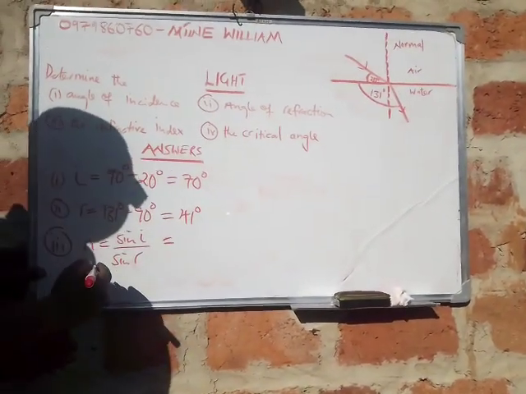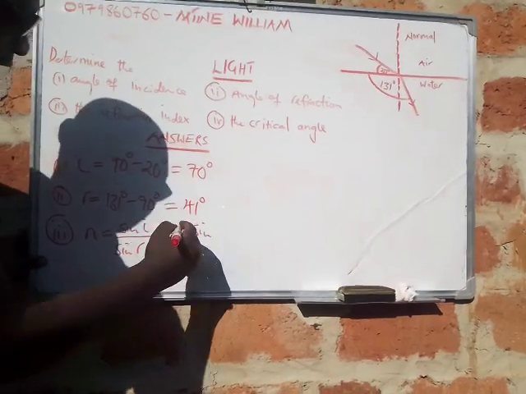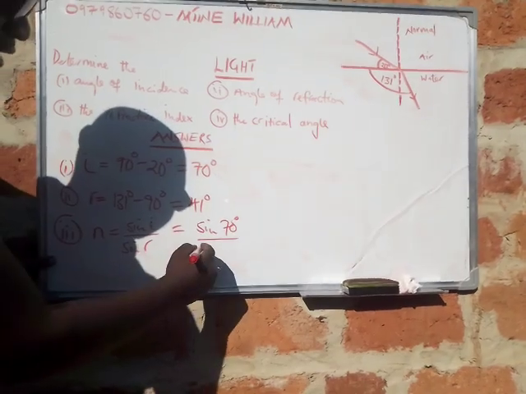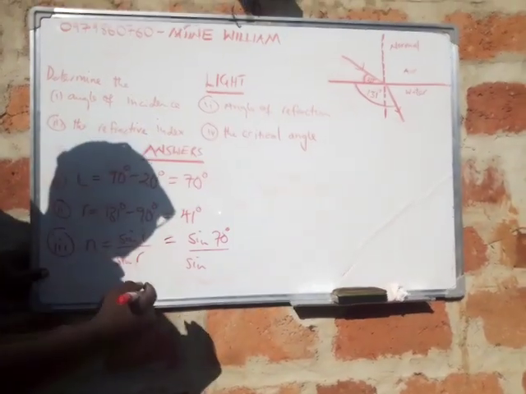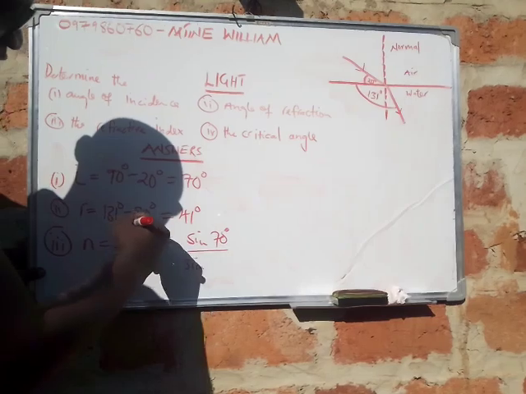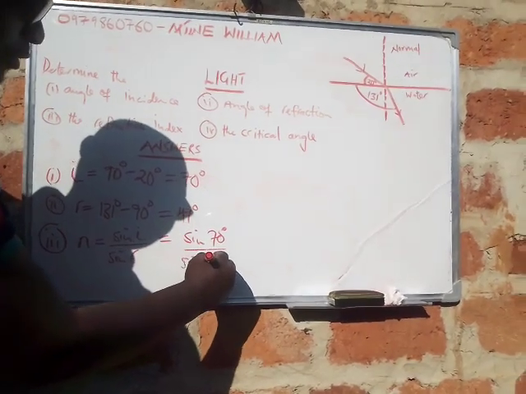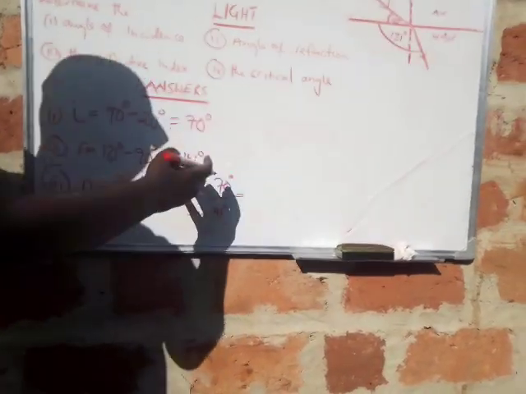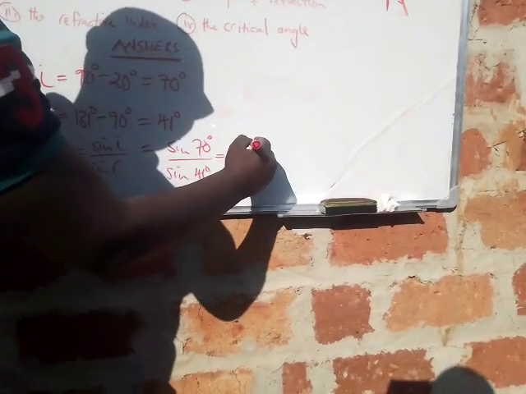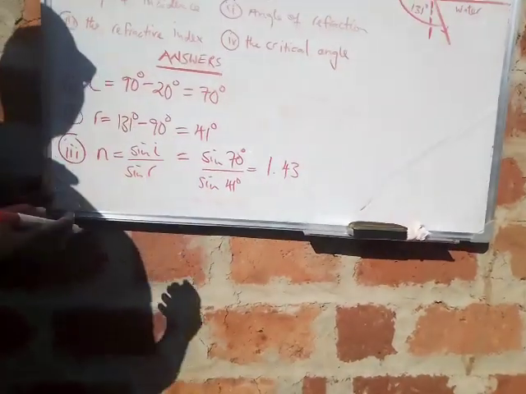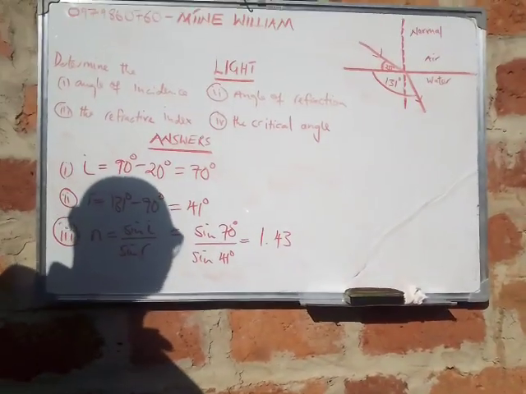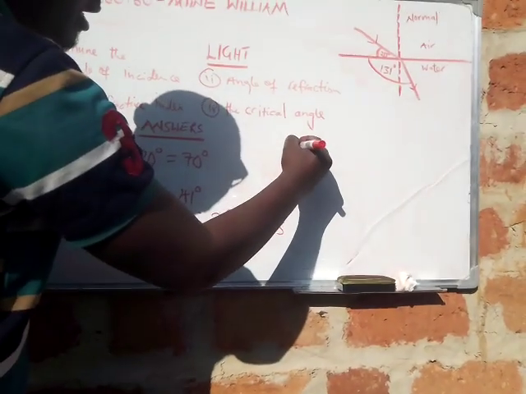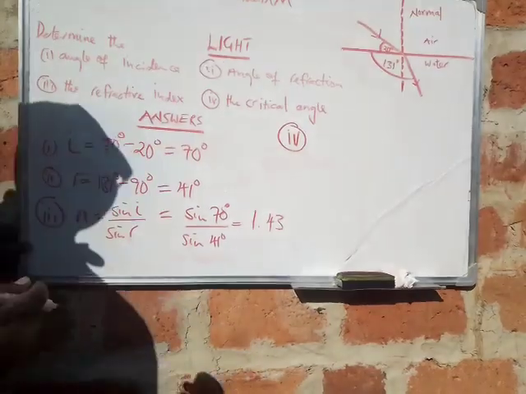We simply substitute: sine 70 degrees over sine 41 degrees. Working it out using a calculator, we get 1.43. Remember, the refractive index has no units. This is a constant.